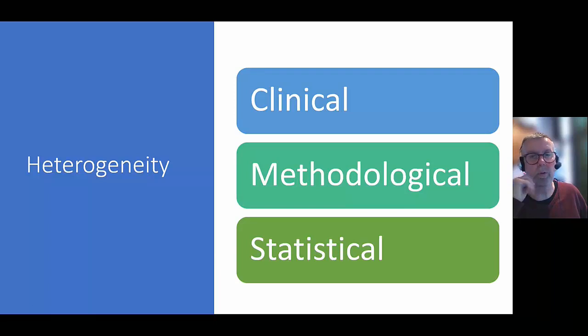Now I suggest you look at Borland 2017 on page 248 for a further discussion on this. But after that, I would recommend you consult the online version of the Cochrane Handbook of Systematic Reviews and see section 10.10, for which I provide a direct link in the reference.